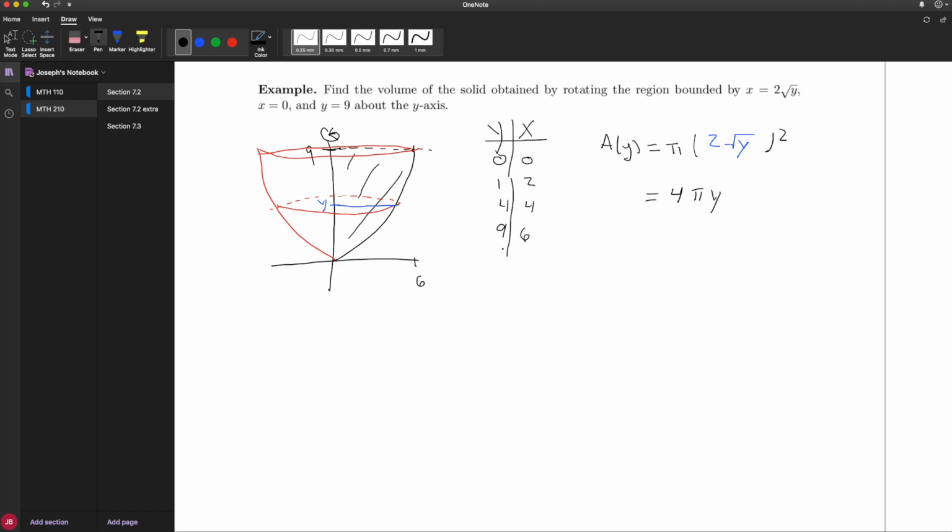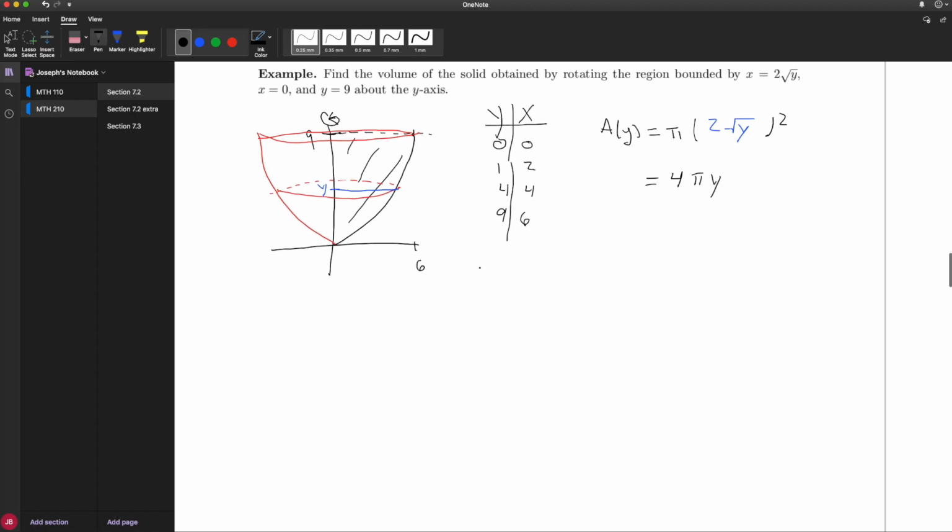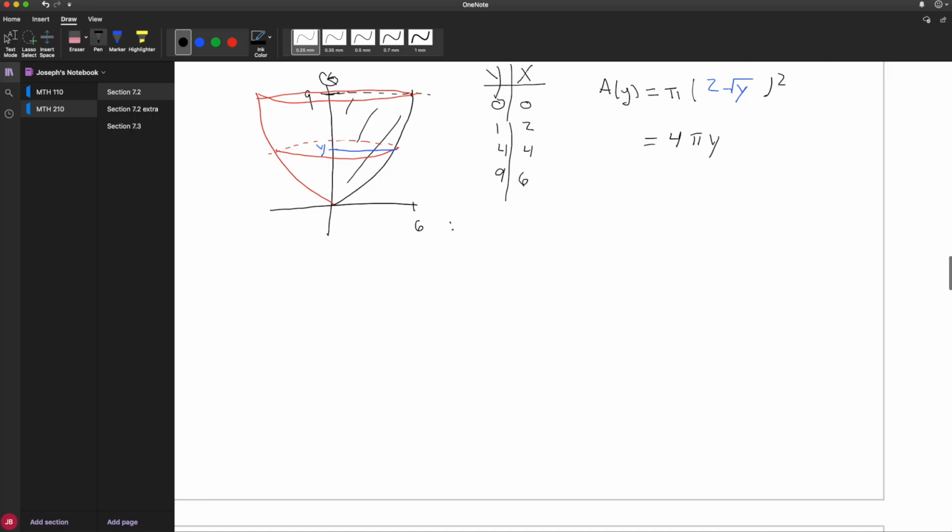All right, so now the volume of our solid, solid of revolution as it's called, is the integral over the y bounds of the region, so 0 to 9, of A of y dy, which is 4 pi y dy. And integrating this, we get y squared over 2.